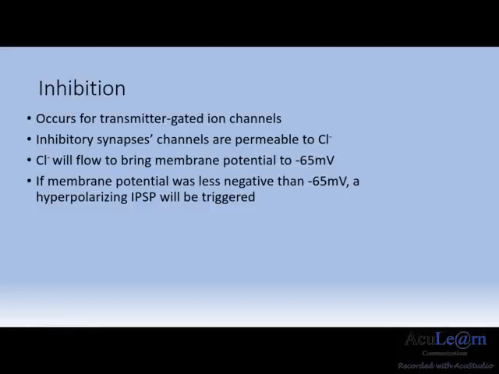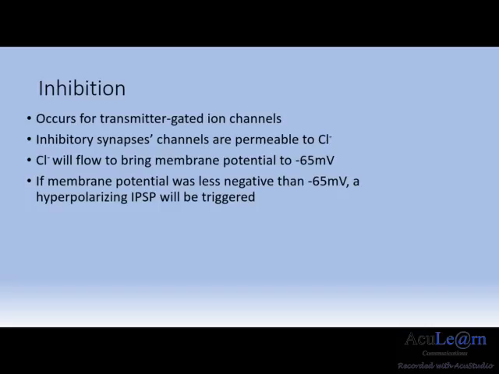In contrast to EPSPs contributing to the action potential output of a neuron, inhibition also occurs to inhibit the effects of the EPSPs through the effects of IPSPs. As mentioned earlier on in the video, inhibitory synapse channels are permeable to chloride ions and they bind to GABA and glycine neurotransmitters.